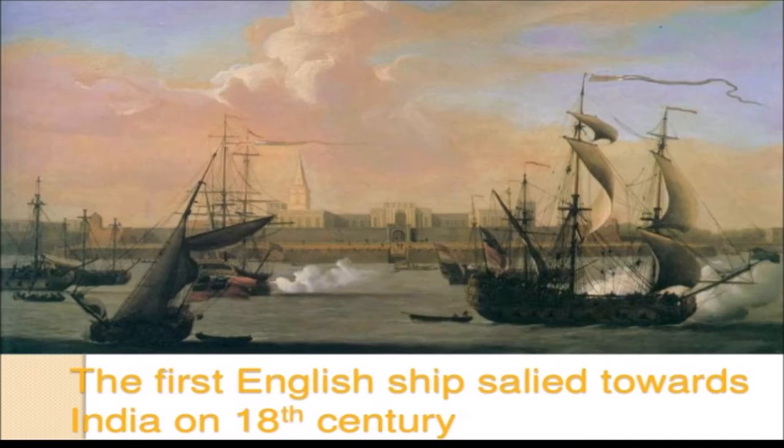The company came to colonize the countryside, organize revenue resources, redefine the rights of people and produce the crops it wanted. In this way, the British entered India. In this picture, if you notice, this is the first ship which entered India in the 18th century.